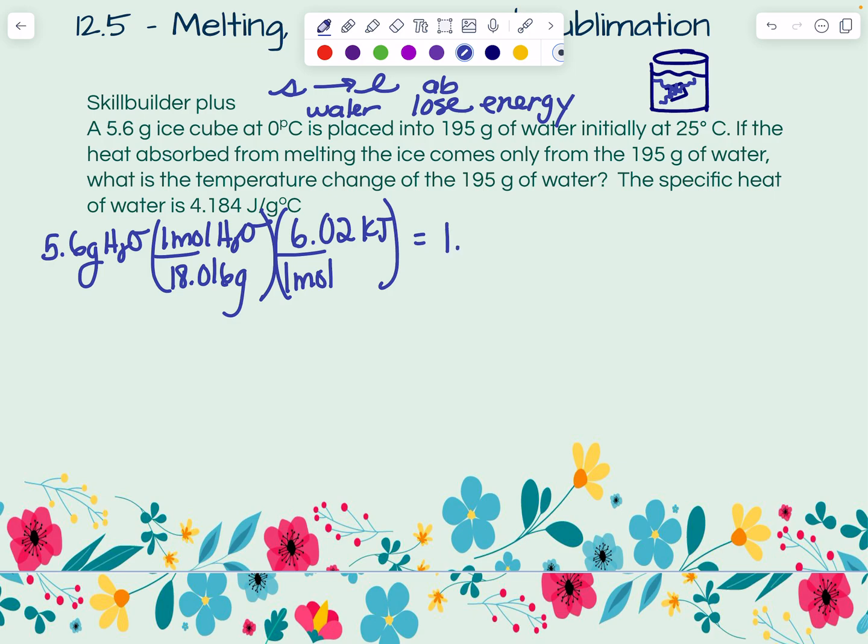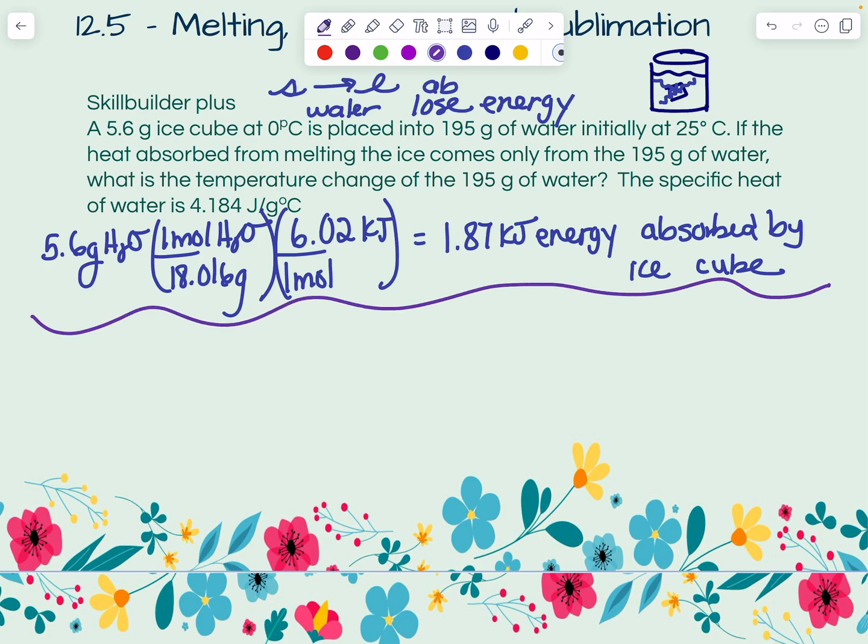So the melting ice cube will absorb 1.87 kilojoules of energy. That's how much is absorbed by the ice cube. And now that must mean that 1.87 kilojoules of energy is going to be lost by the water.